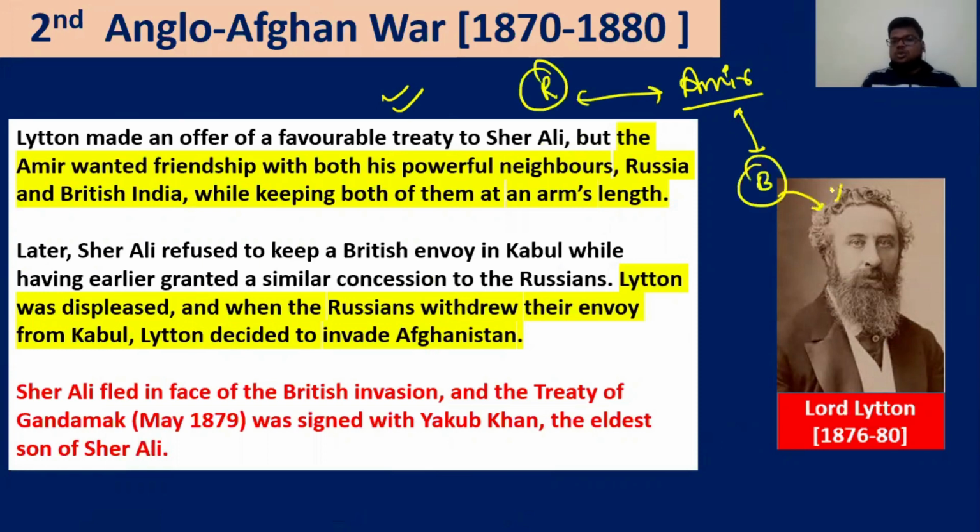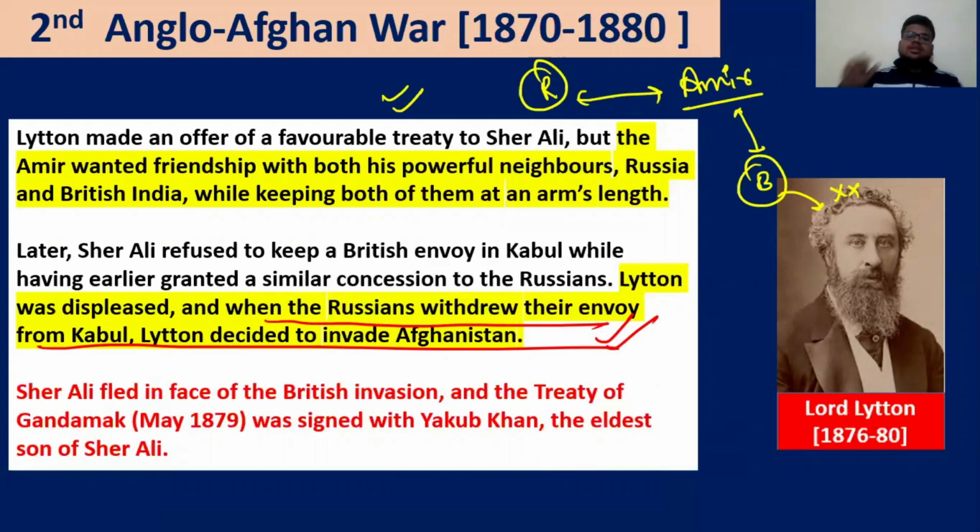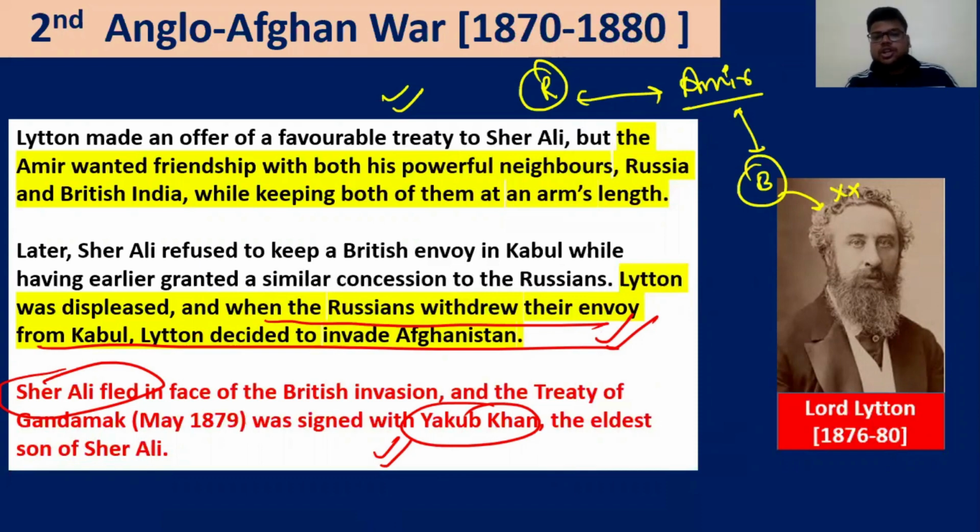Now Lytton says no, this is not acceptable to me. Lytton was displeased, and when the Russians withdrew their envoy from Kabul, Lytton decided to invade Afghanistan. They decided, okay, now we will invade Afghanistan and take it up. Sher Ali fled, and Yaqub Khan was put in charge. And then they signed the Treaty of Gandamak.